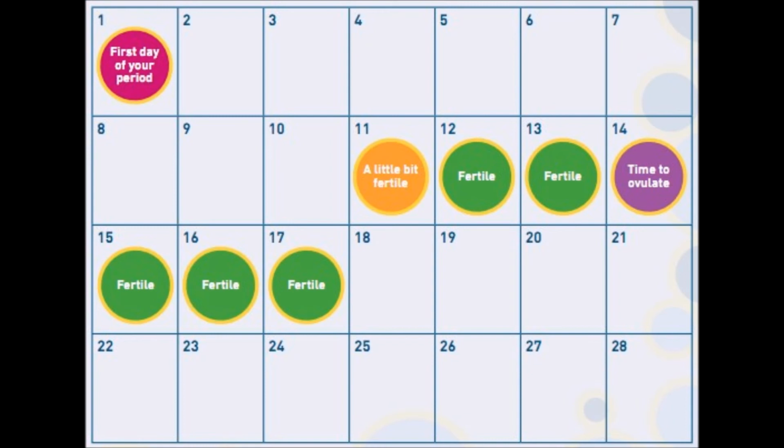Remember, I said that ovulation occurs around 2 weeks after the first day of your period for a female. So this will basically be about day 14. So after you have this day here, then you're going to add and subtract the lifespan of a sperm. Now with this calendar right here, it used the lifespan of a sperm to be 3 days. So you will be subtracting 3 days, taking you to day 11, and adding 3 days, which takes you to day 17. So basically, that's how you calculate the fertility window.